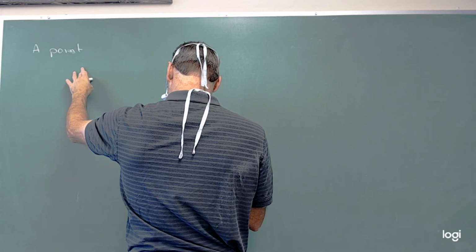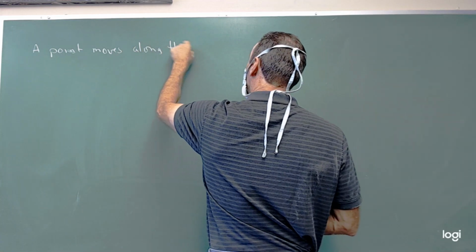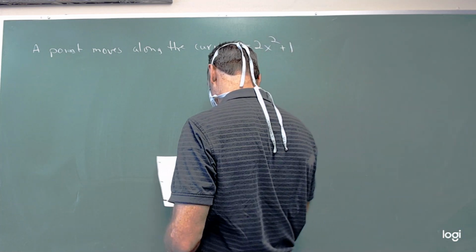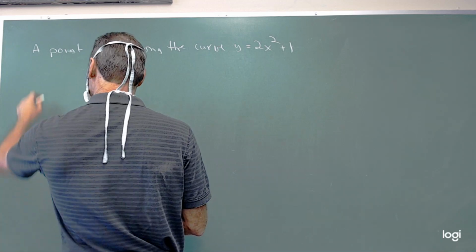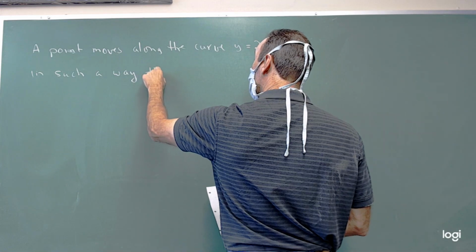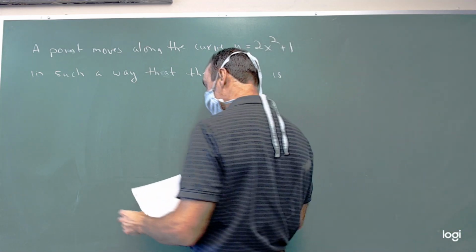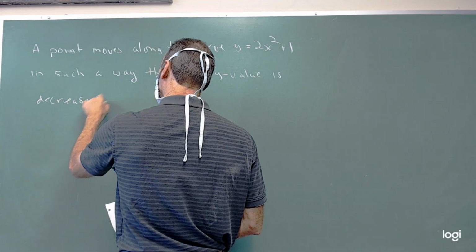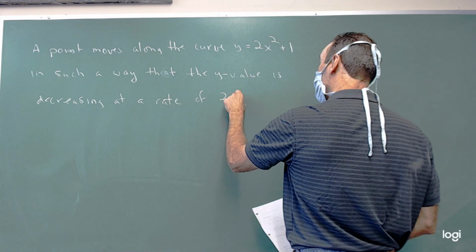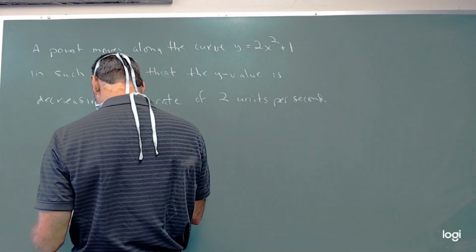A point moves along the curve y equals 2x squared plus 1 in such a way that the y value is decreasing at a rate of 2 units per second. At what rate is x changing?